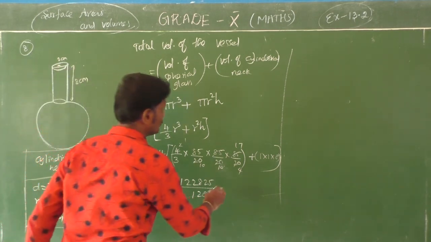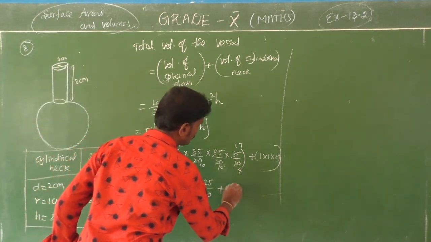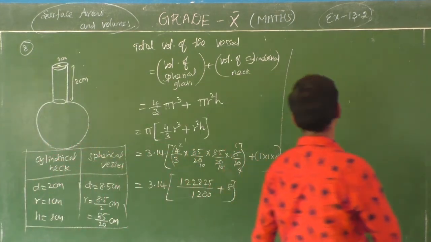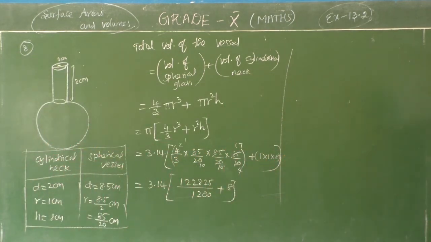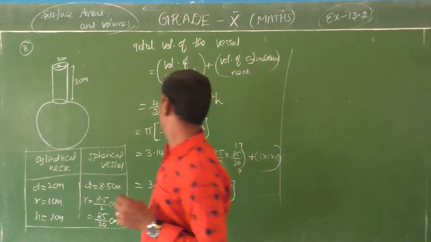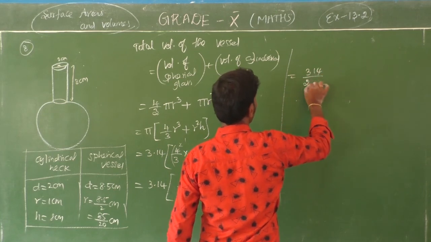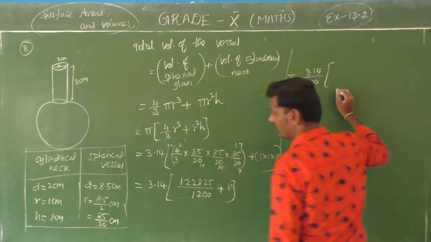Plus 8 ones are 8. Now we have to cross multiply 1200 into 8, which is 9600. Okay, so 3.14 I am taking as 314 by 200.